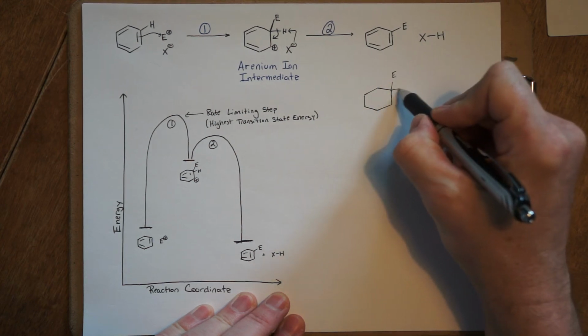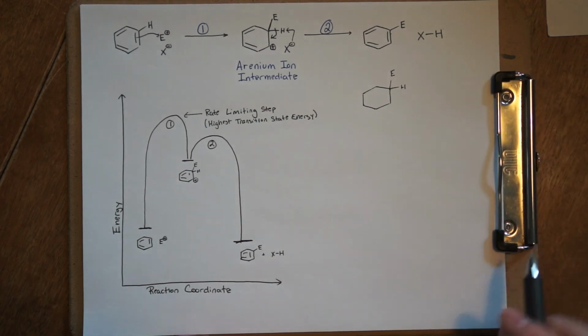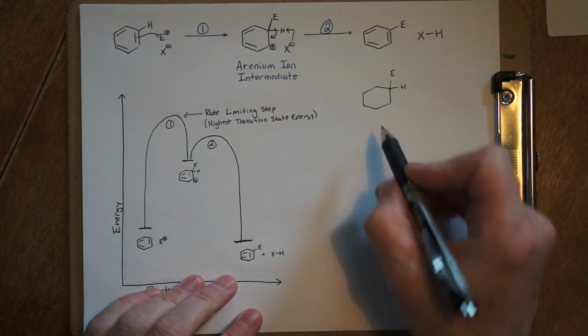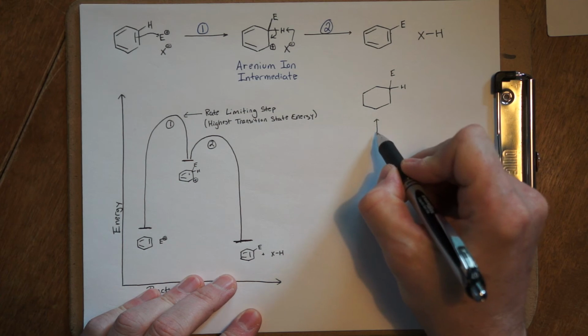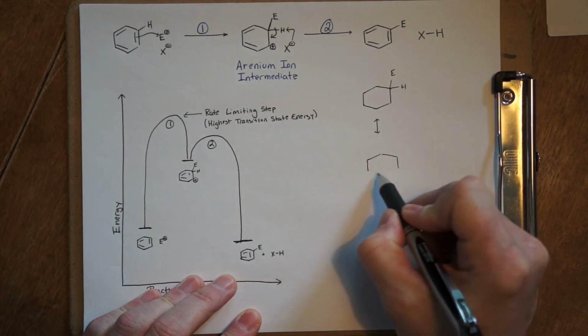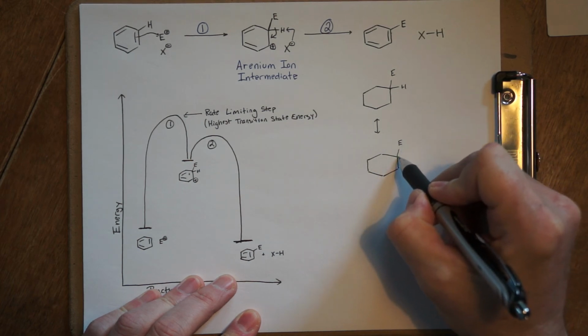It's a good review, and to make sure you still understand what resonance is, right? So take the time now, pause the video, and see if you can draw out the three unique resonance structures of that arenium ion intermediate.